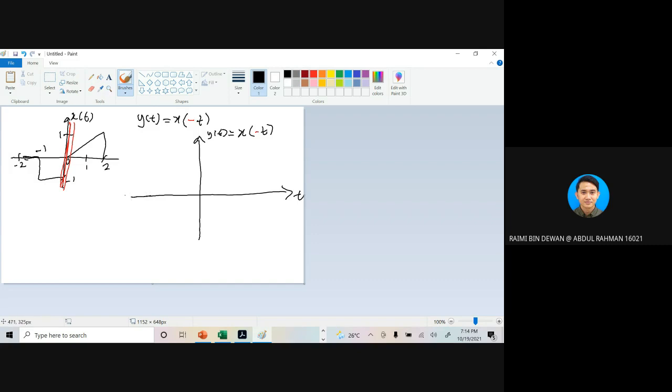Imagine that now we have a mirror here. What happens to this signal? Let's see this part first, using orange color. The amplitude doesn't change.